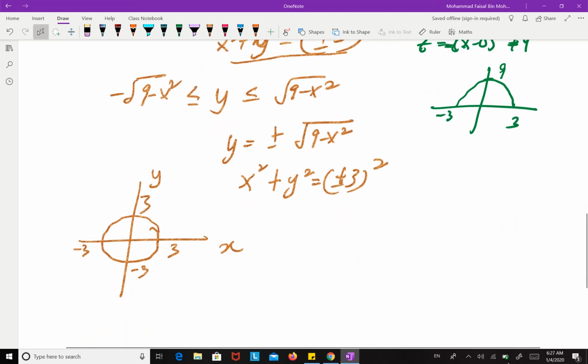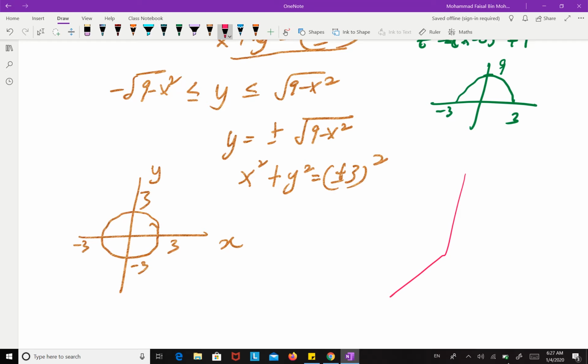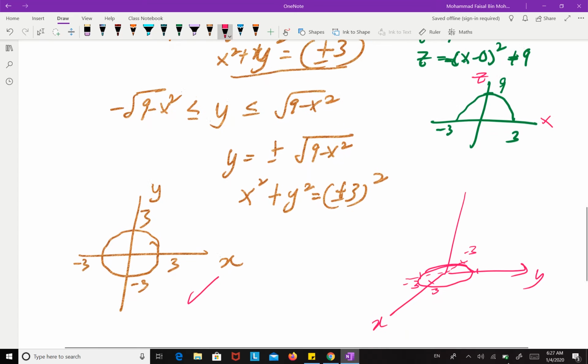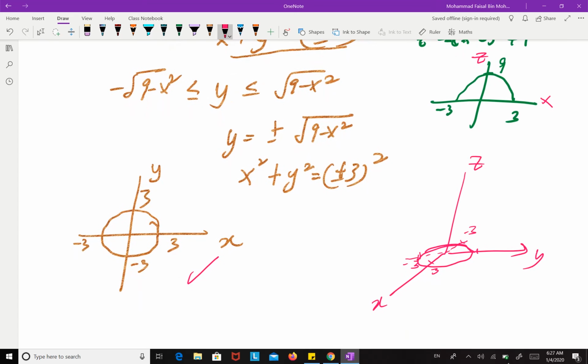If we draw the graph, the bottom part in the xy plane will be a circle. The upper part, in zx or zy, will be a parabola.